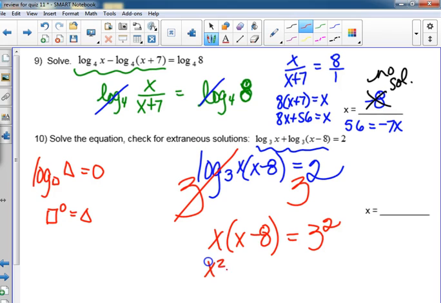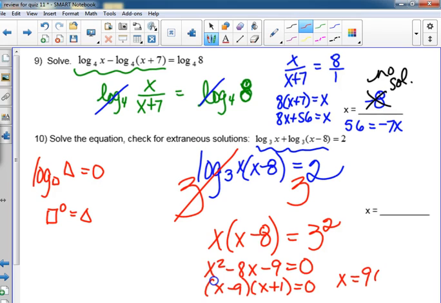All right, so then we have x squared minus 8x minus 9 equals 0. X minus 9, x plus 1. X equals 9 or negative 1. We cannot take the log of negative 1, so therefore x cannot be negative 1. Does 9 work? Yeah, because neither one of them turn out negative, right?